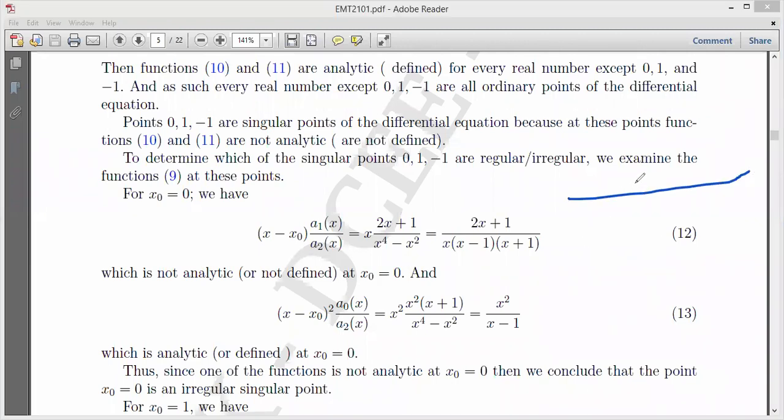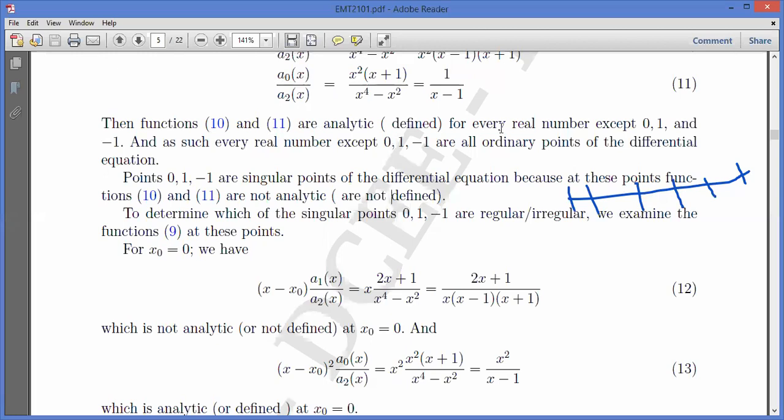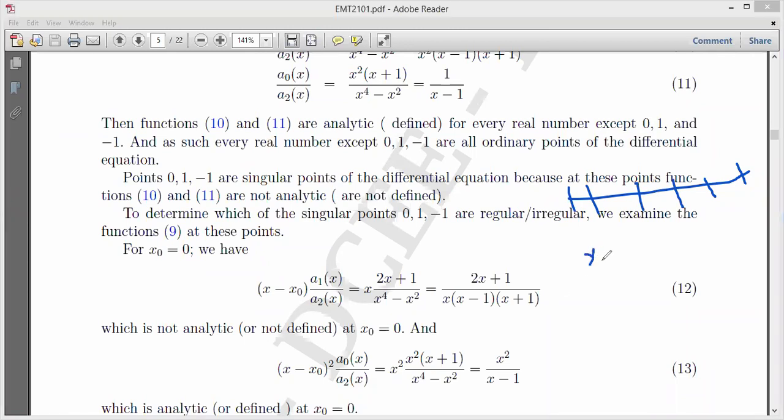This is a number line, isn't it? So you have all of these. Remember when we started this, the only numbers to worry about were 0, 1, and -1. If you recall what I said here, we said the functions are defined except for these. So here we are saying if you move from minus infinity to infinity, you have some x between, this is positive infinity.